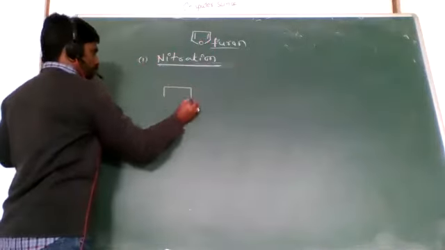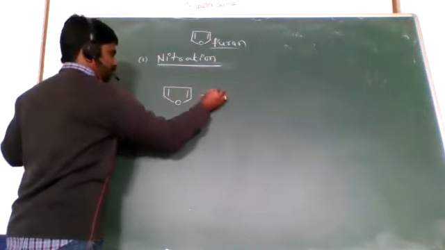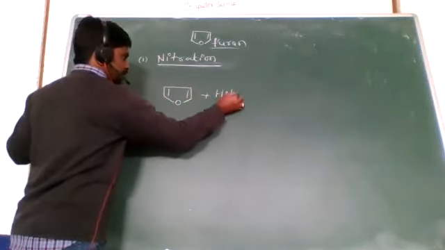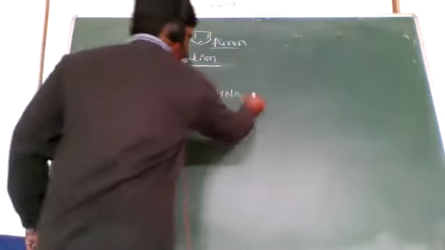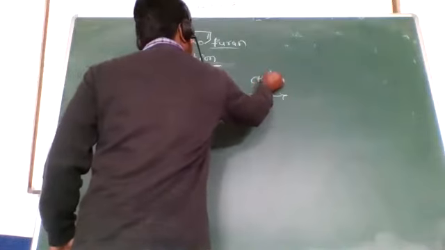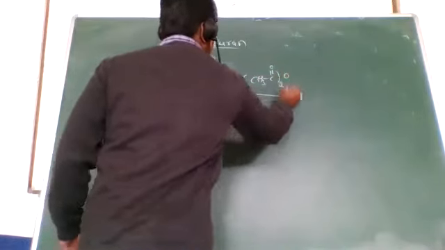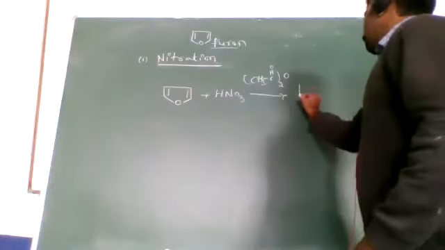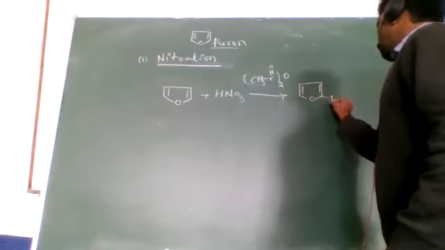When furan reacts with nitric acid in the presence of acetic anhydride, it forms 2-nitrofuran.